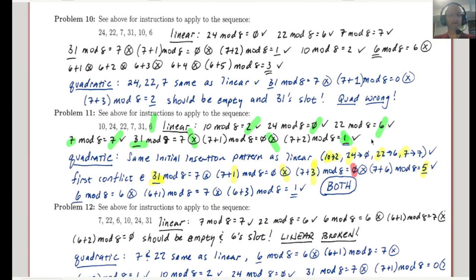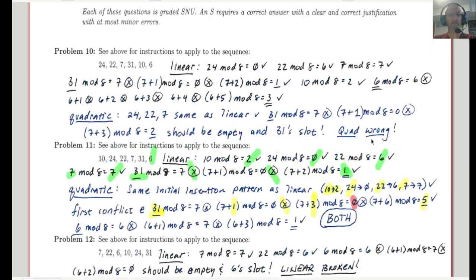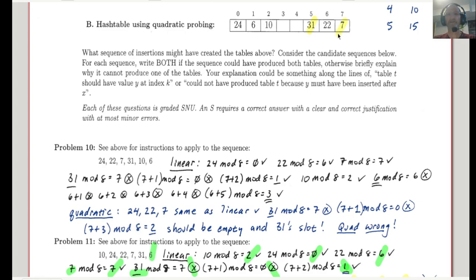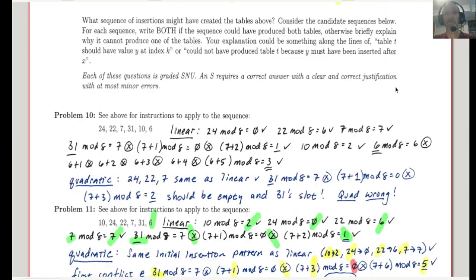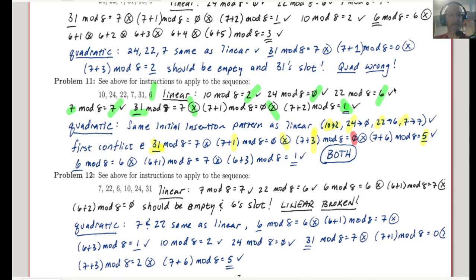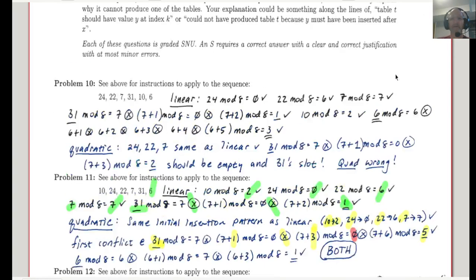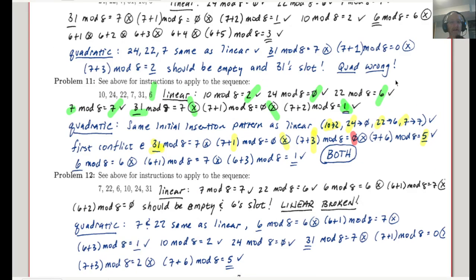I believe we're down to, yes, the last insertion, which is 6. So we've gotten all of these in. Okay, what happens with 6? 6 mod 8 is 6. That's full. Yes, it has 22 in it. 6 plus 1 mod 8 is 7. I knew that.